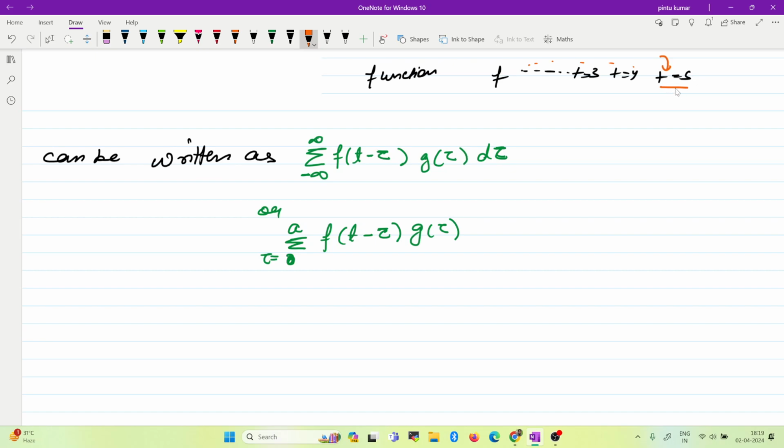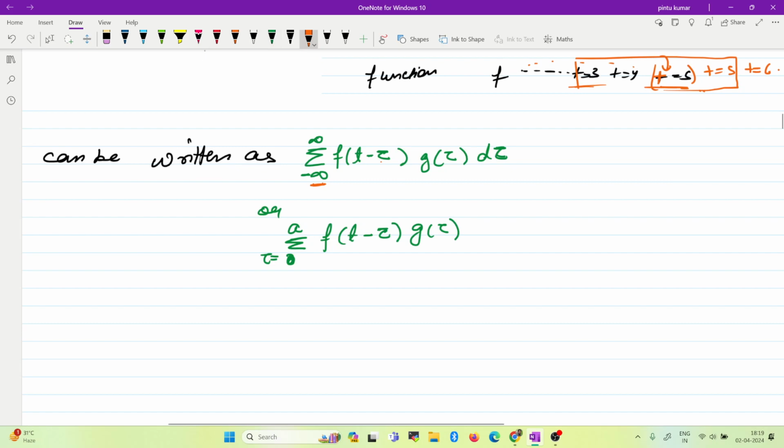So what you want to do is take the weighted average of the values of function f around that particular point. If you see, this summation varies from minus infinity to infinity, right? So it will also include values at t equal to 5, t equal to 6, and so on. So it will be sort of a weighted average kind of a thing.